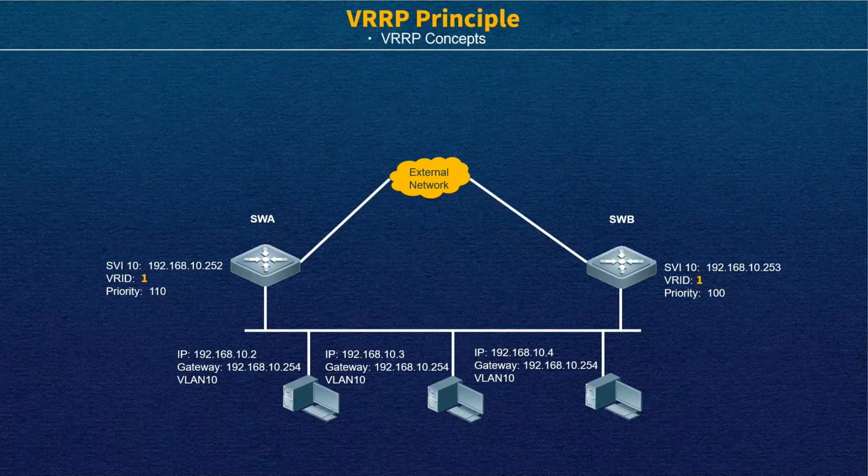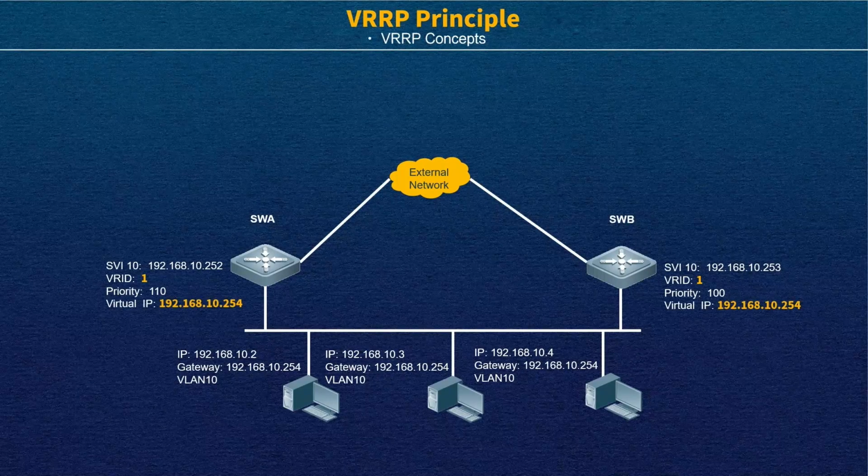This is the priority. Then we have to configure the virtual IP on switch A and switch B. This virtual IP address will be the gateway address of the terminal. Pay attention to this: the virtual IP address can be the same as or different from the physical interface address.